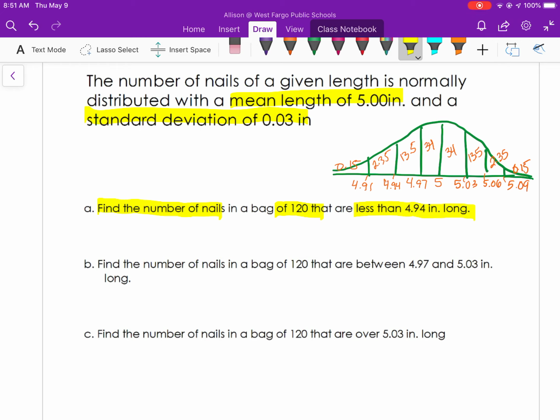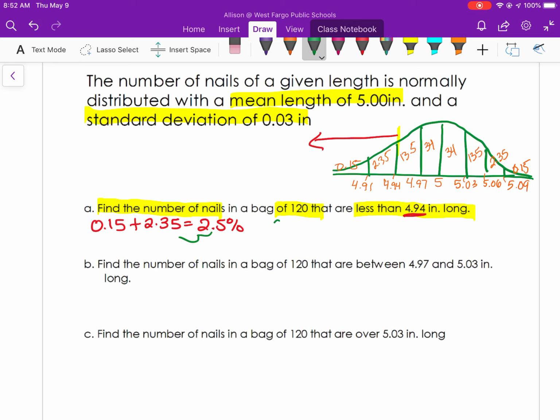So if I want to find the number of nails that are less than 4.94, that's right here, 4.94. And less than would be to the left. So the percent of nails below that would be adding those 2% under that curve together. That would give me 2.5% of nails are below or less than 4.94 inches long. So if I wanted to find the number of nails, I would have to take 2.5% as a decimal.